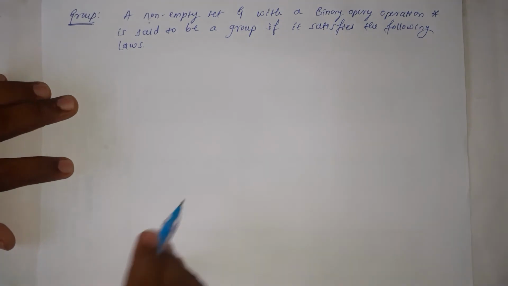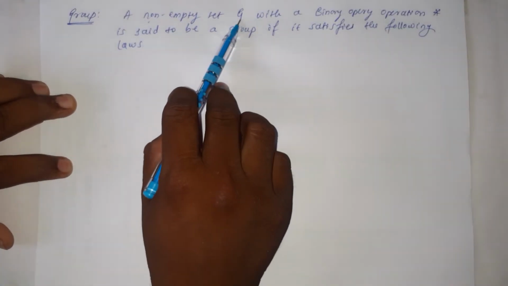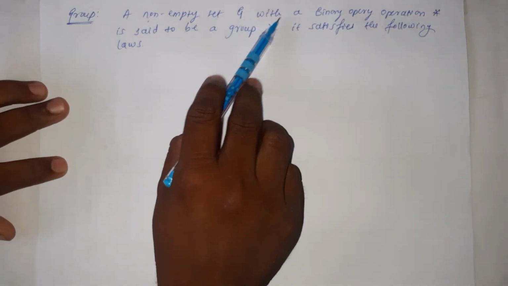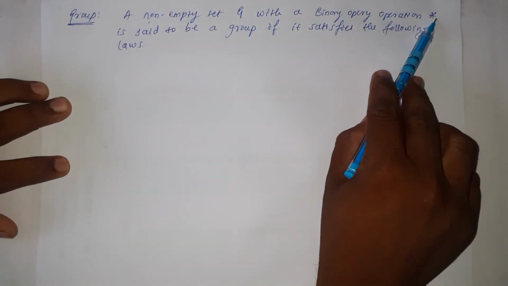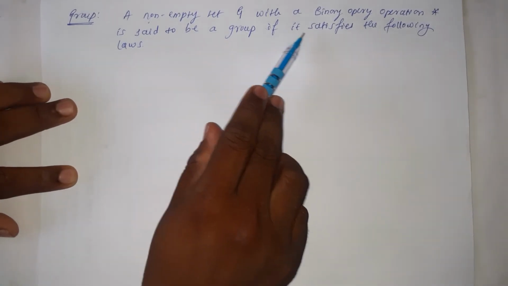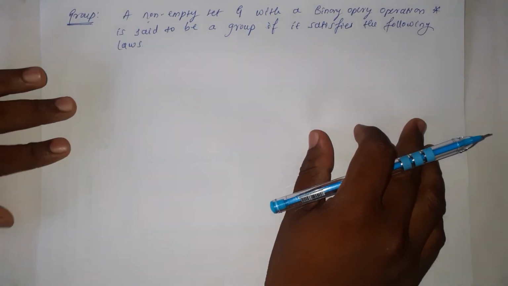So, here a non-empty set G means G is having at least one element with a binary operation, star is said to be a group if it satisfies the following laws.